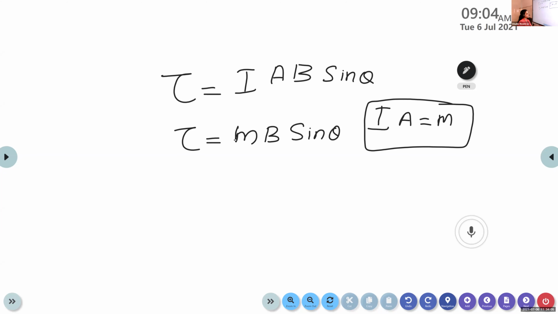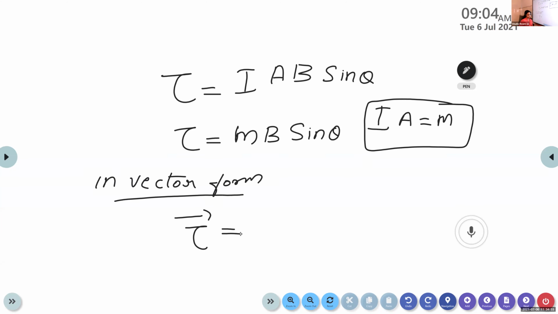Where M is the magnetic dipole moment, B is the magnetic field, tau is the torque, and theta is the angle between the magnetic field and that of the current. Here this current is changed into magnetic dipole moment, IA into A. Or in vector form, we can write vector tau is equal to MB sine theta, which means it is a cross product.